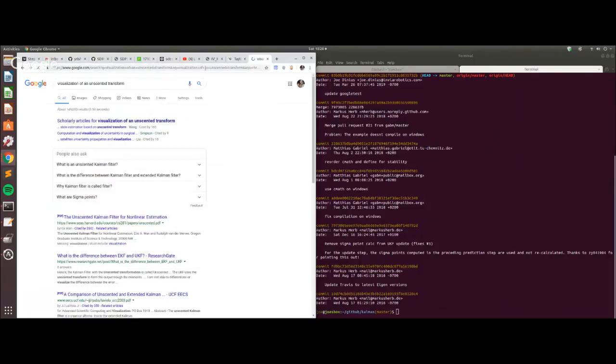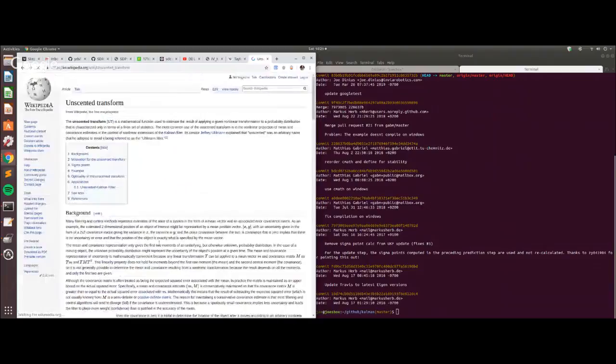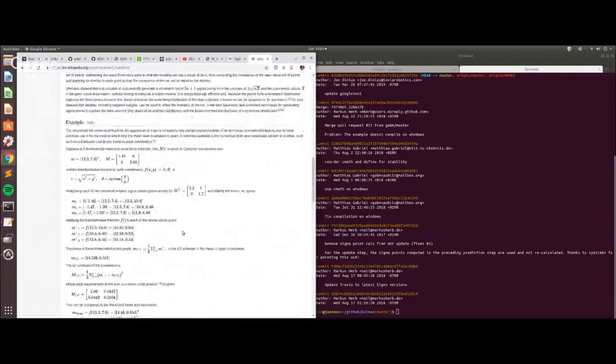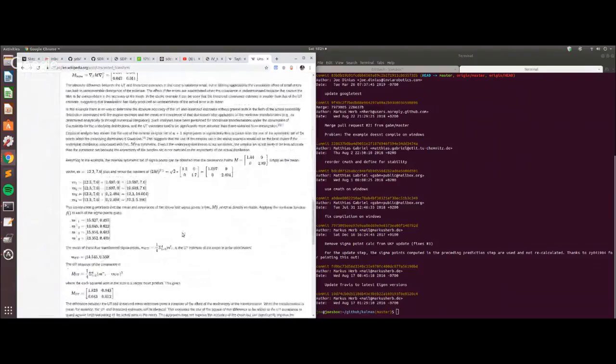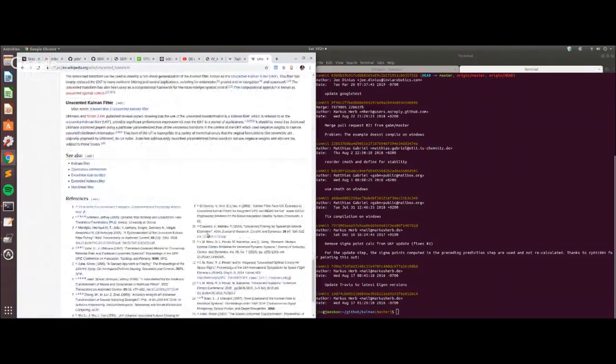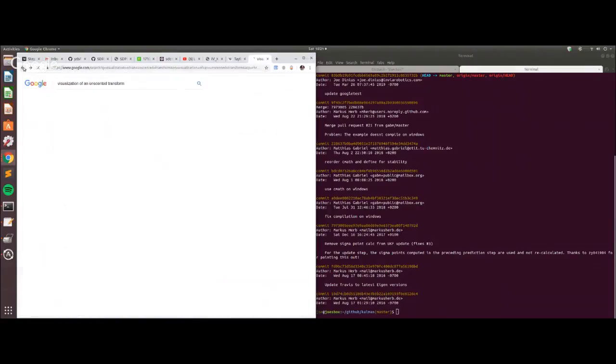So the unscented transform is the mathematical device that underpins the unscented Kalman filter. So the idea is, God, this is such a terrible Wikipedia page. Where's the picture?